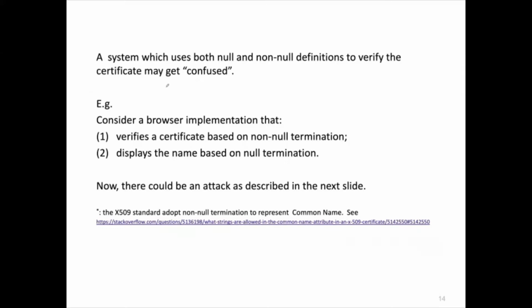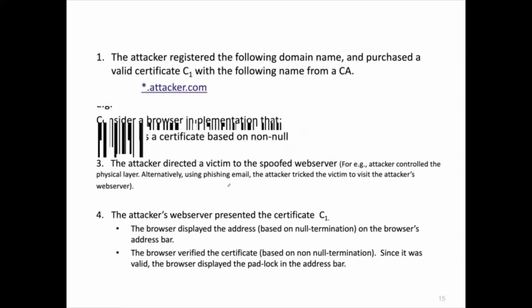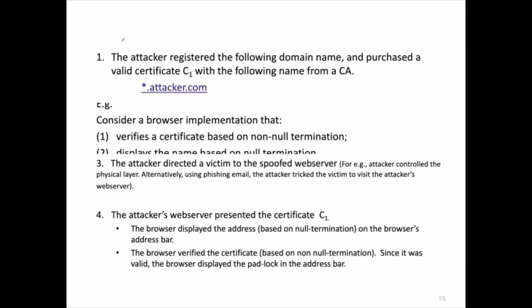Now let us consider a vulnerable implementation of a browser that uses these two different ways of representing a string. Let's consider an attack. The attacker registers a foreign domain name and purchases a valid certificate with this name: star.attacker.com.